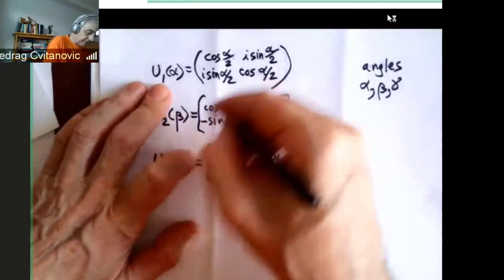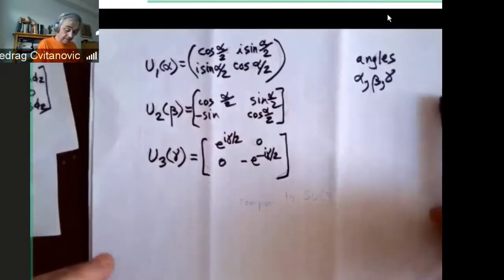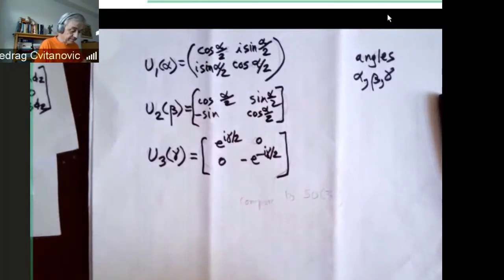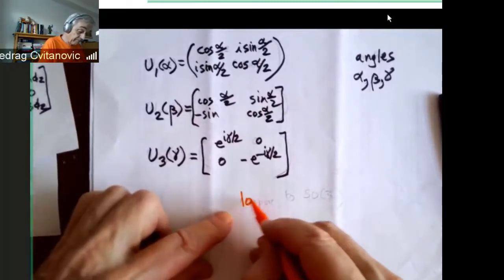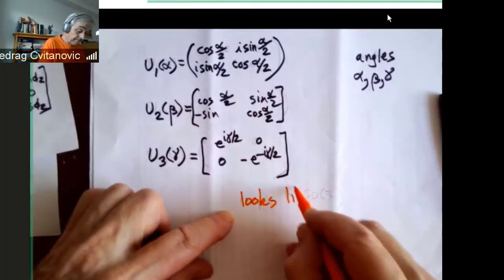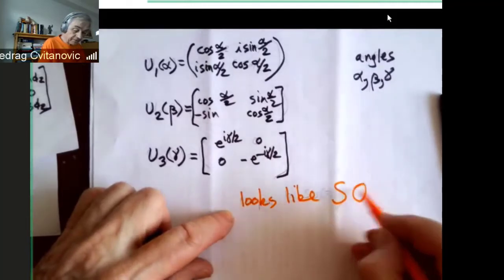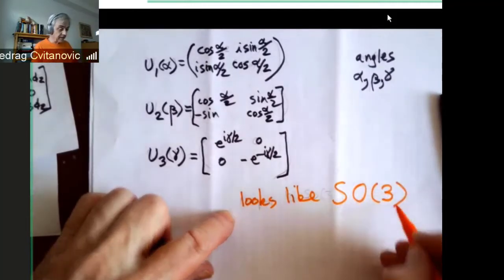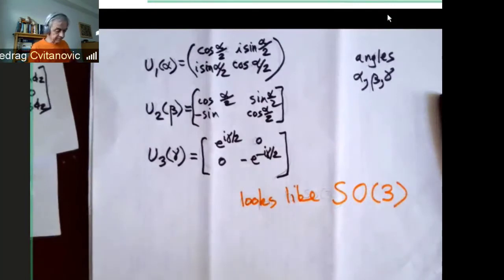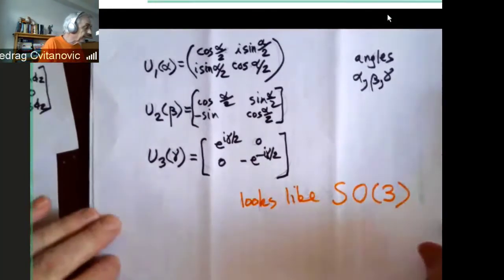That's why you get the various i's stuck around. This looks like SO(3) rotations in real. So it looks like some weird way of rewriting rotations.